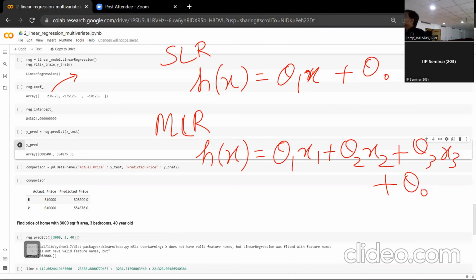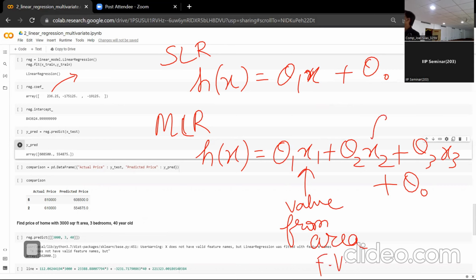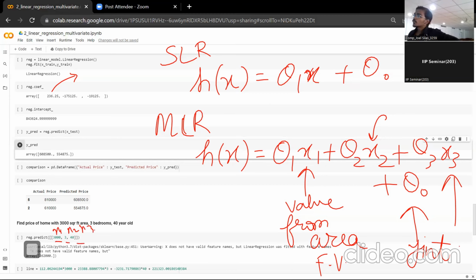Now, this x1 is a value coming from the area feature vector. This x2 is a value coming from the number of bedrooms feature vector, and x3 is a value coming from the age feature vector. And theta 0 is the y-intercept. So when we are predicting, we need to pass x1, x2 and x3. Now what will be the equation of the line y? This is the line.